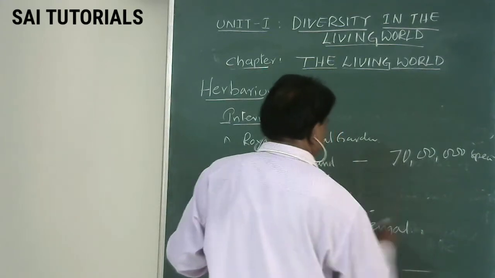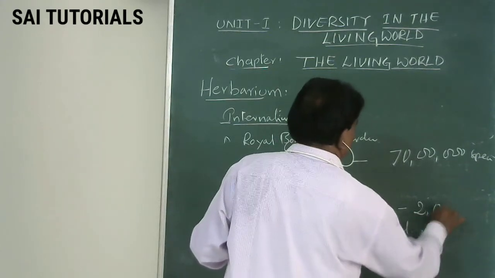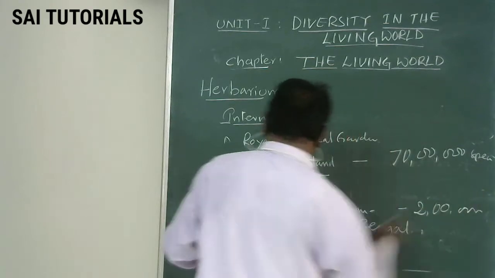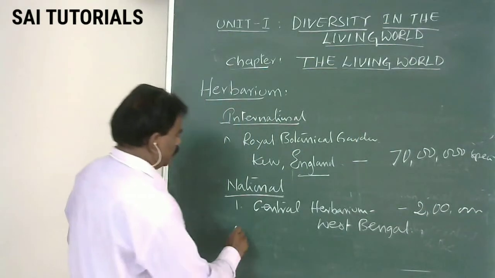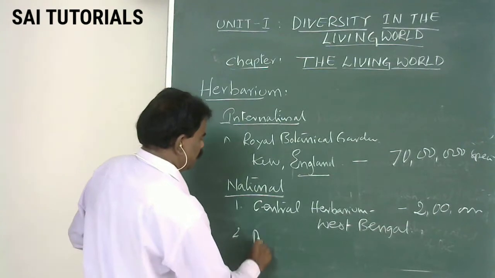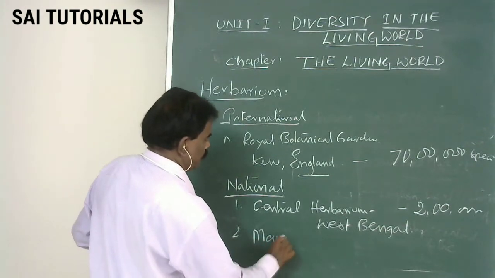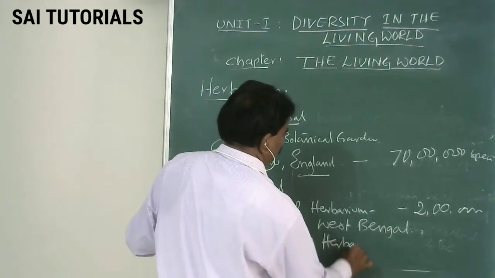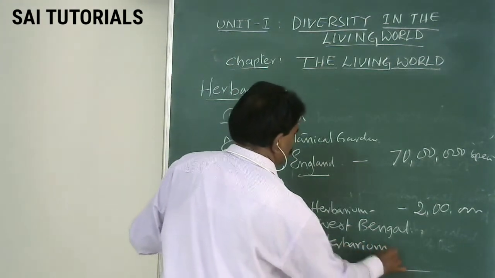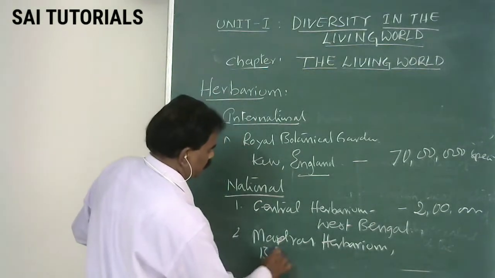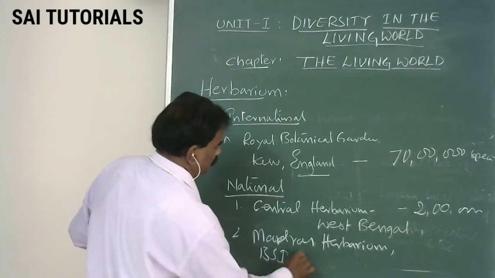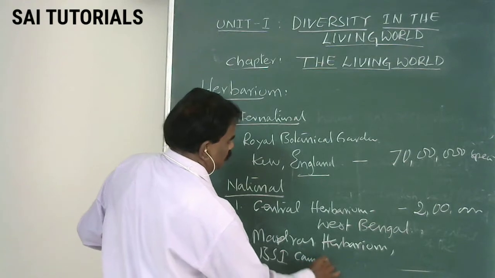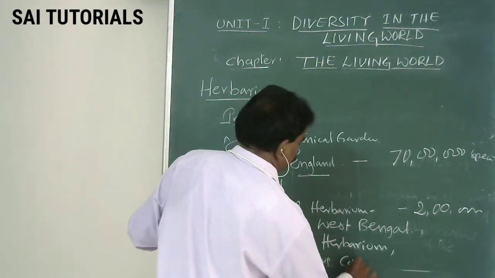It also maintains nearly about 2 lakh plant species. And second, Madras Herbarium. This is also a BSI, Botanical Survey of India campus, which is in Coimbatore.